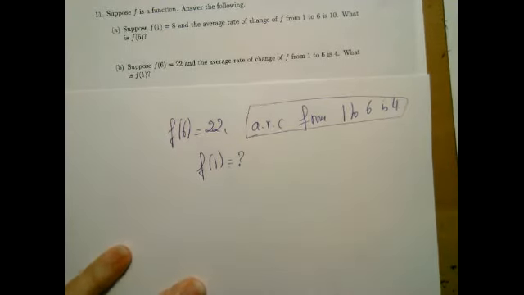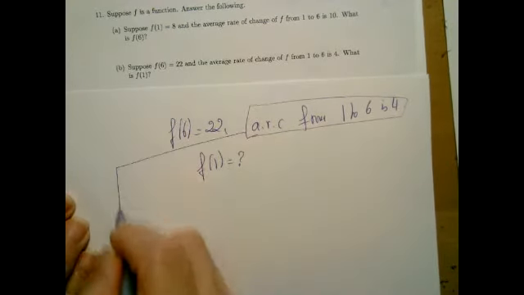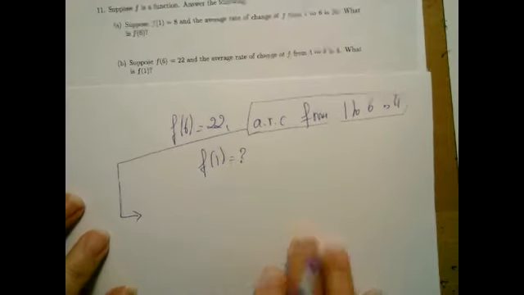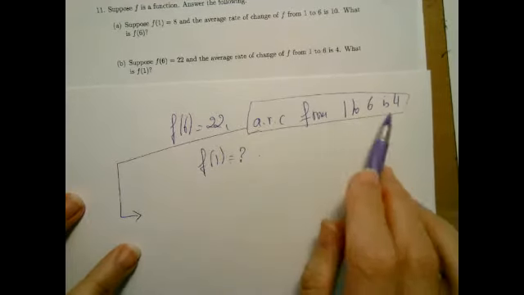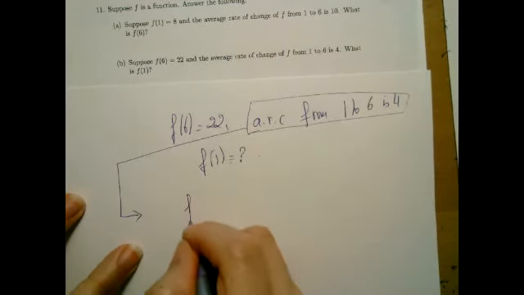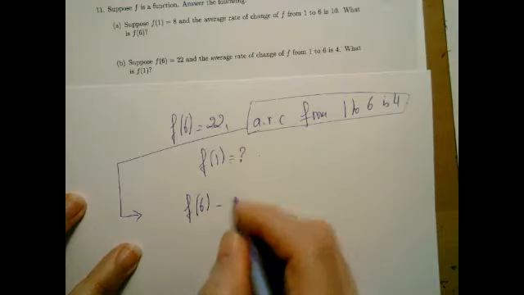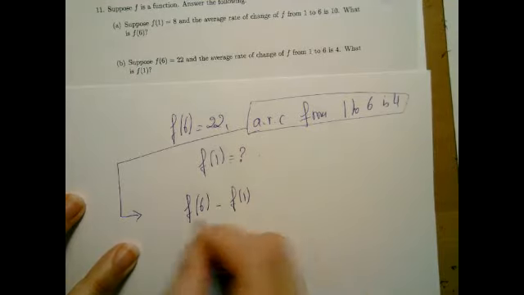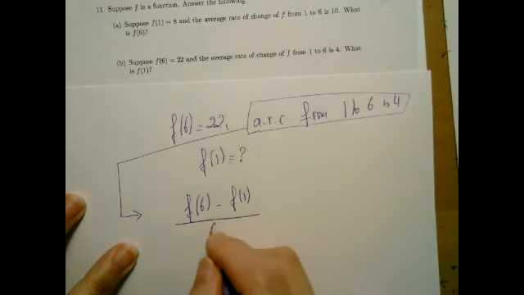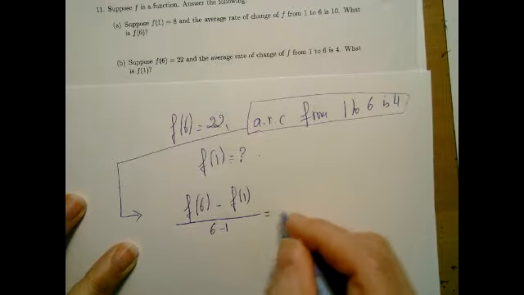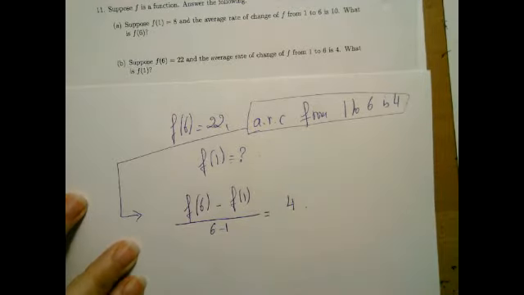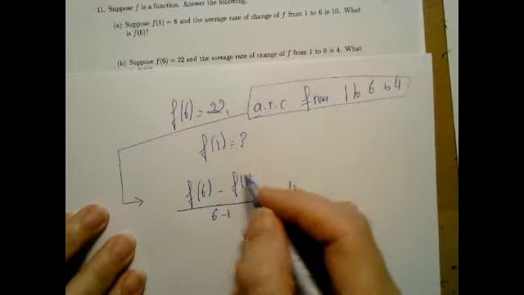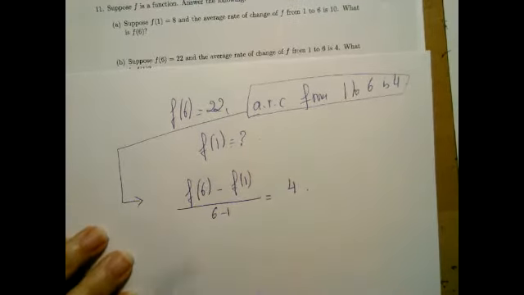Okay, let's check it out. When I ask you the problem, every one of you try it. Average rate of change is 4. How can we read this? It means f of 6 minus f of 1, the change, over 6 minus 1, is equal to 4. And I know that f of 6 is equal to 22.